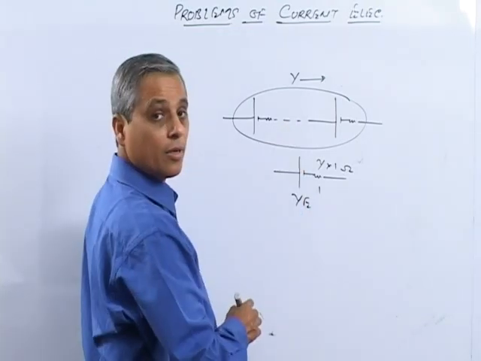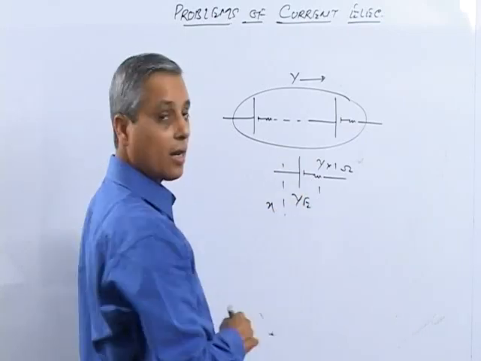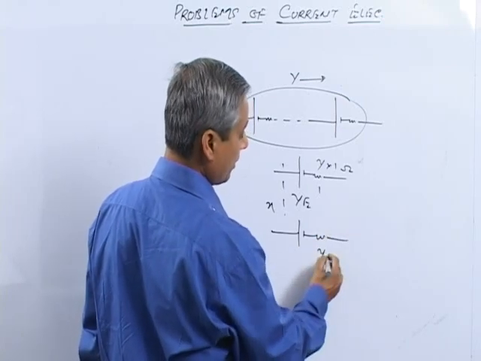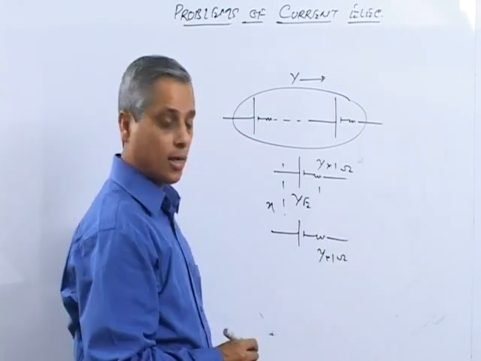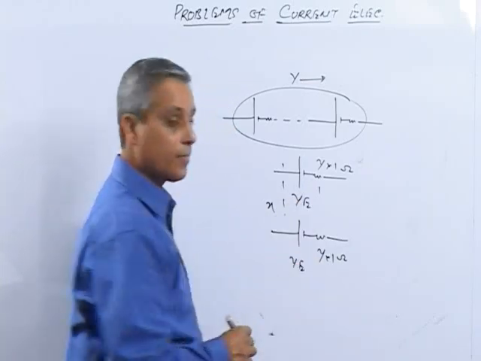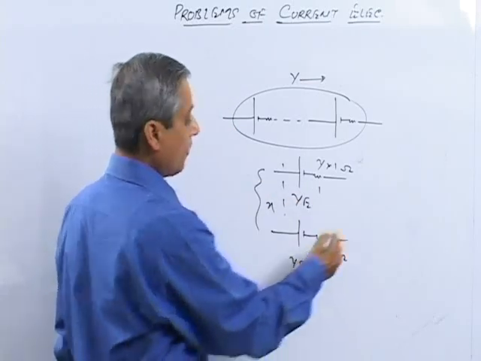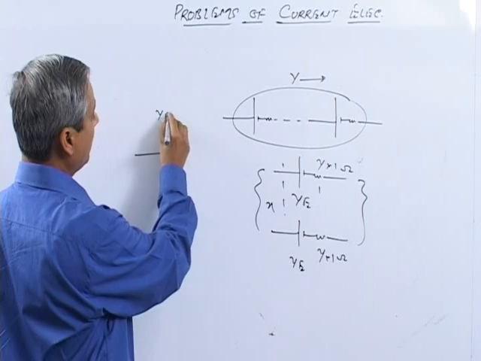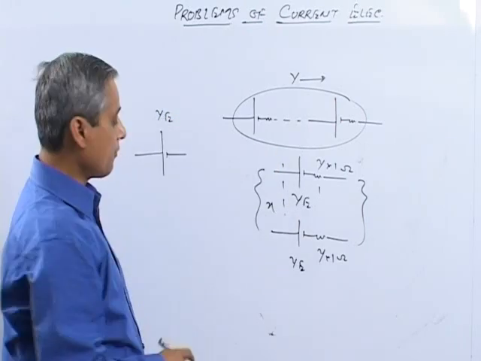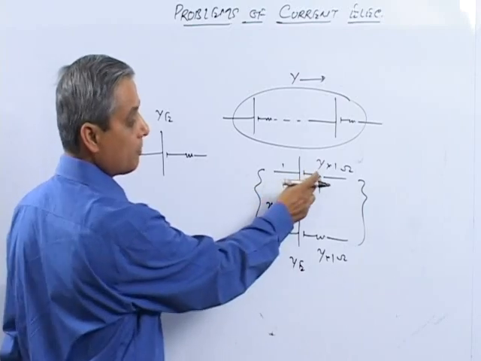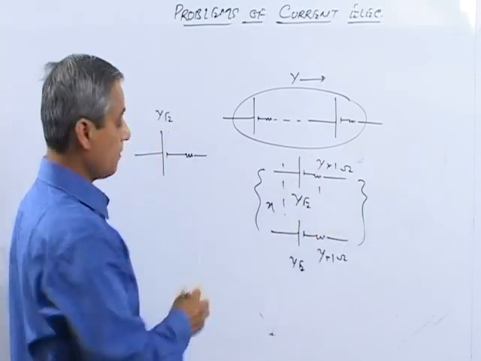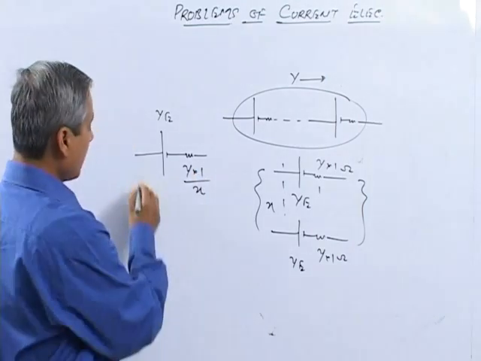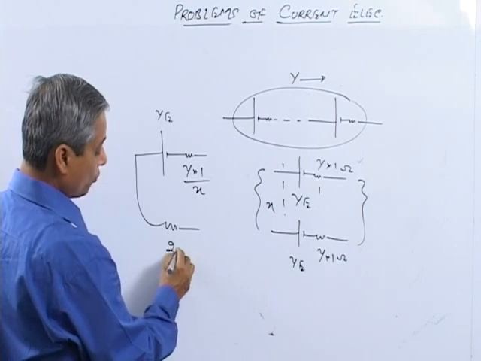And then suppose we have X such rows in parallel, each having Y into 1 ohm internal resistance and YE EMF. This will convert into a single cell of EMF YE, because in parallel the EMF remains the same, and the internal resistance will become Y ohms, X times parallel, so that will become Y into 1 ohm by X. And then you connect this battery to an external resistance of 2 ohm.